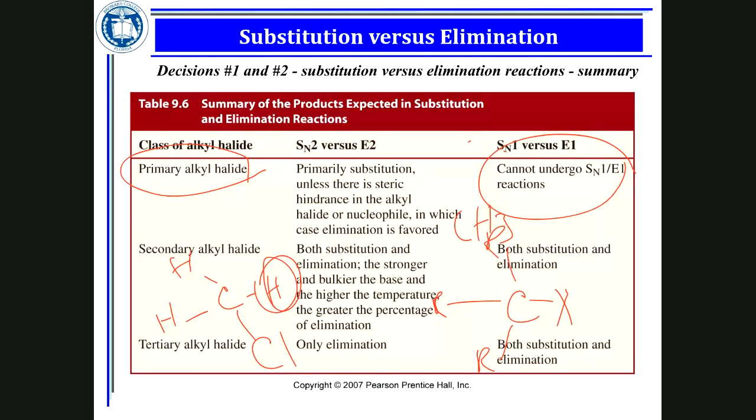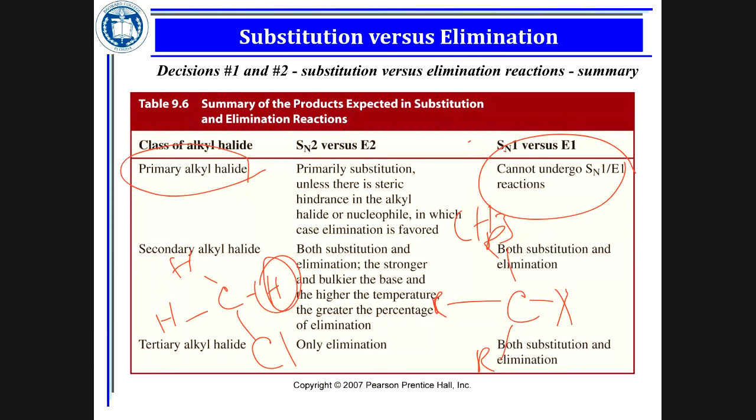So there are 4 mechanisms: E1, E2, Sn1, Sn2. Study much harder for Sn1 and Sn2, and then you expand your knowledge. If you already know Sn2, it means the nucleophile comes in at the same time the leaving group is leaving. For E2, the only thing that changes is the base is attacking at the same time the leaving group is leaving.